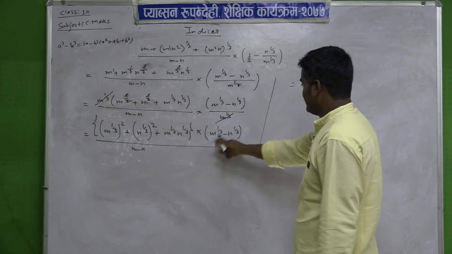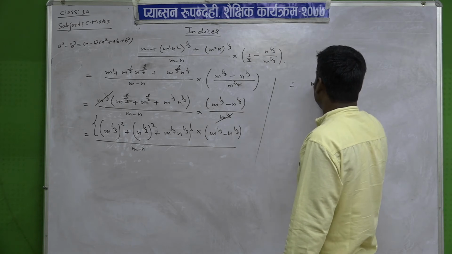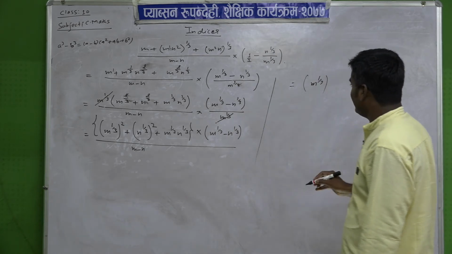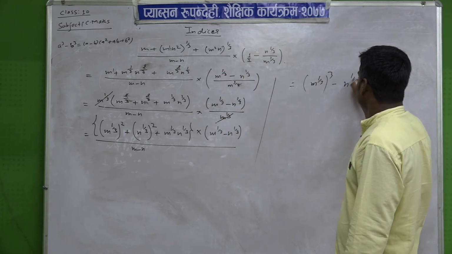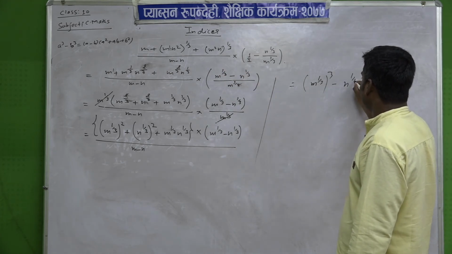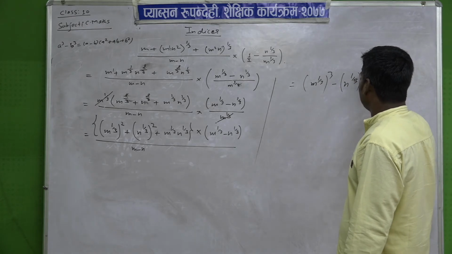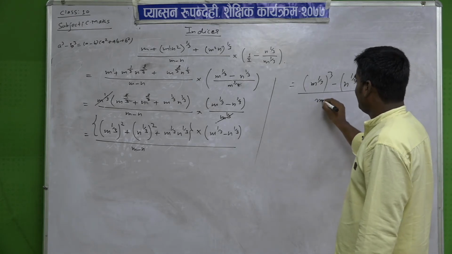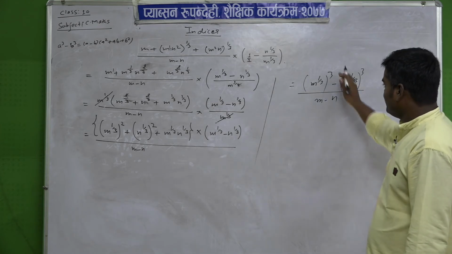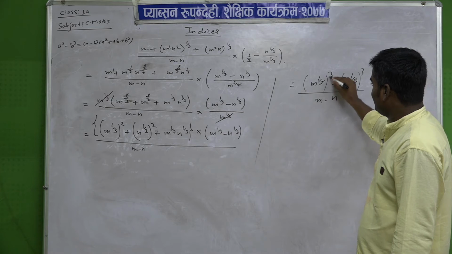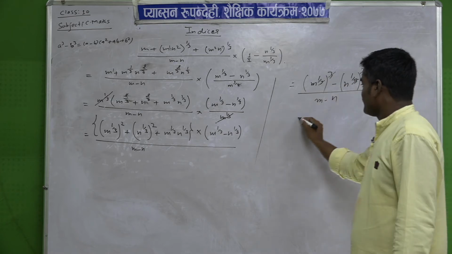So, A means what? m power 1 by 3, this is A cube, minus B means n power 1 by 3, B cube, whole upon m minus n. Then power over power, they are multiplied, 3 1 ja 3, or you can cancel 3 3, this 3 3. How much left?